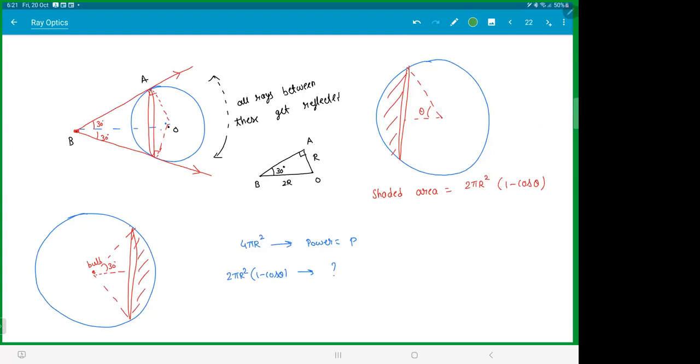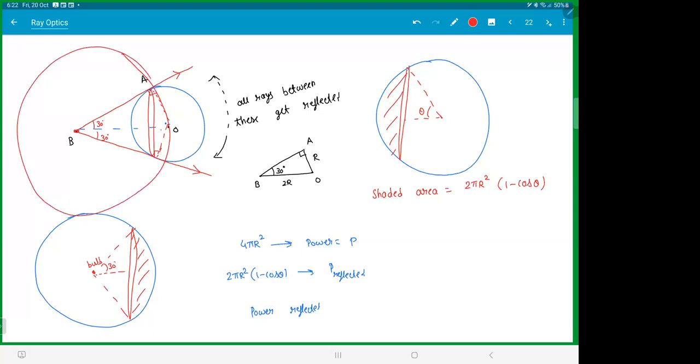Because light rays are going in all directions, but only these light rays are getting bounced off. This would be the power reflected. Meaning you can think of this as part of a sphere. Making sense?